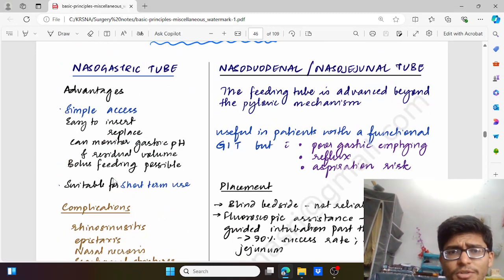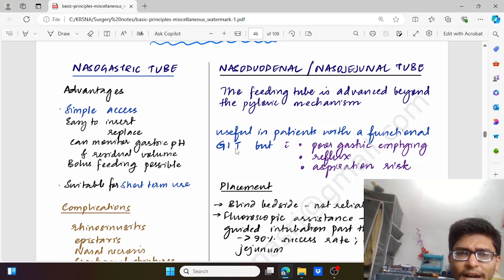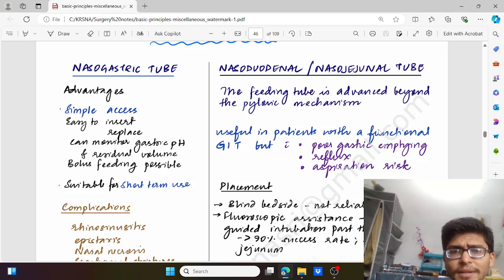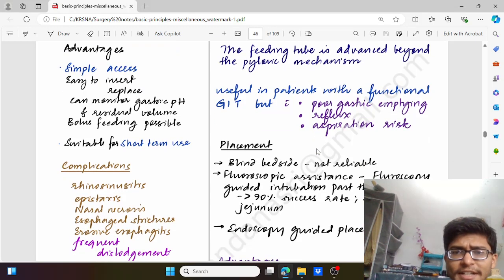Now we see the nasoduodenal or nasojejunal tube. The feeding tube is advanced beyond the pyloric mechanism, and it's useful for patients with poor gastric emptying, reflux or aspiration risk. So the patient must have a functional GIT, but these aspects have to be considered: poor gastric emptying, reflux and aspiration risk.